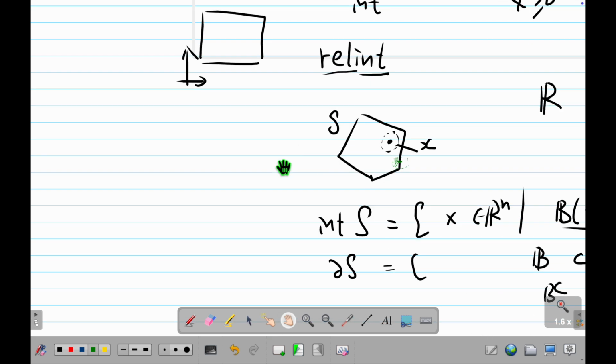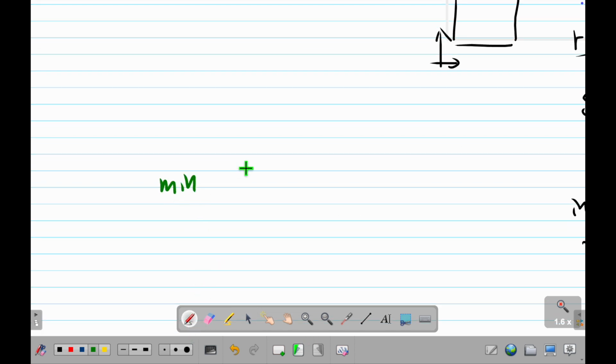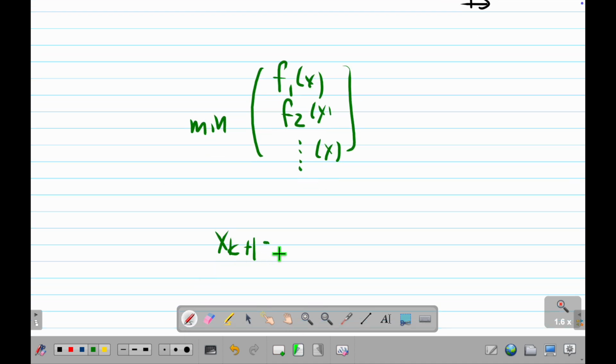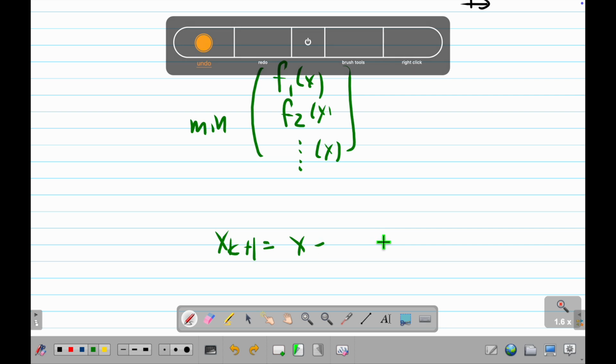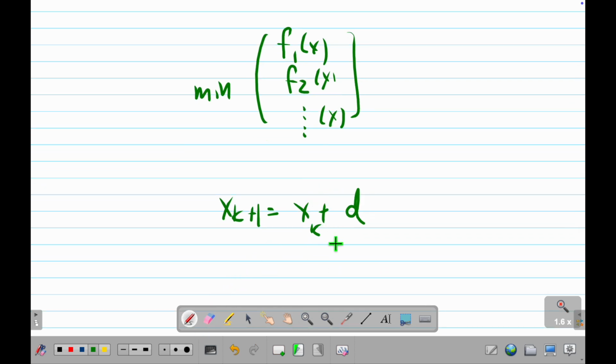For example, I will just give you something next week. It's like I want to minimize a multi-objective function, okay? Then if I update my point like this, suppose step size is 1, okay? Then the question will be, when will this D work? When will this D work?